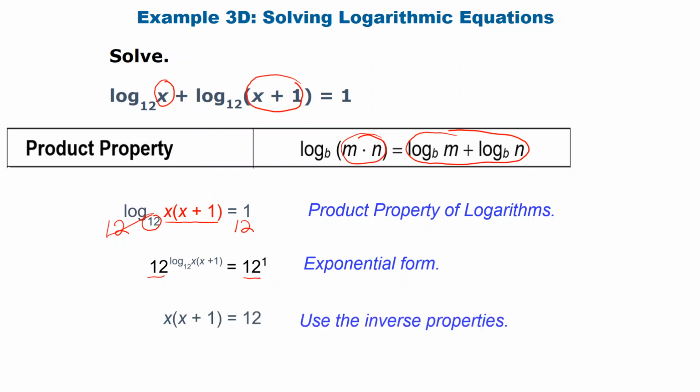Okay, so there it is. x times x plus 1 equals 12. We can distribute that through, get x squared plus x equals 12. Well, it looks like I'm going to have to use the quadratic formula on that, or maybe not. Maybe I can just factor it really easily.